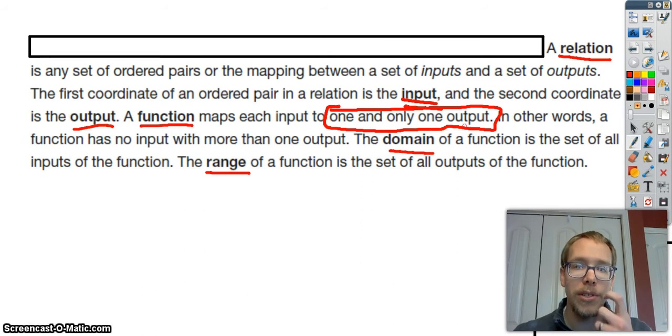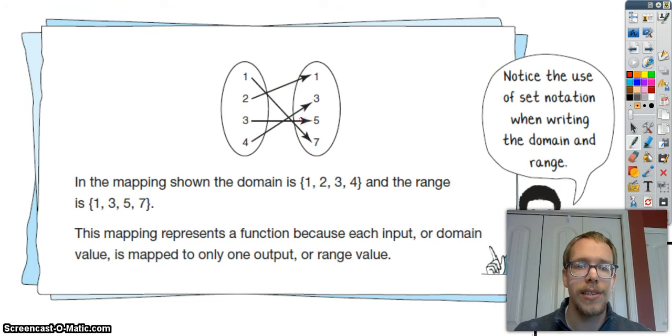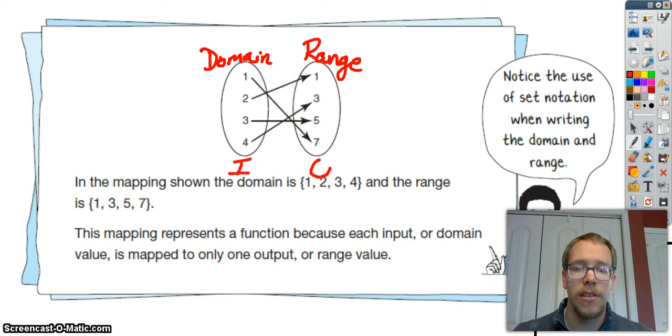And we call those inputs in a function the domain, and we call the outputs of a function the range. So let's take a look here. Notice this mapping shows the inputs or the domain, and it shows the outputs or the range. And I'll put an I down here so that you know these are inputs, these are outputs.